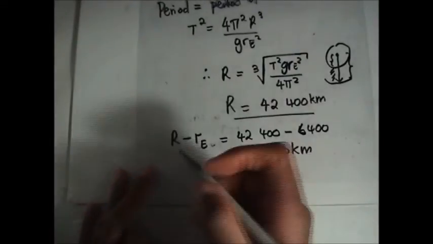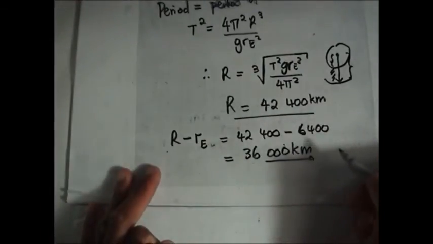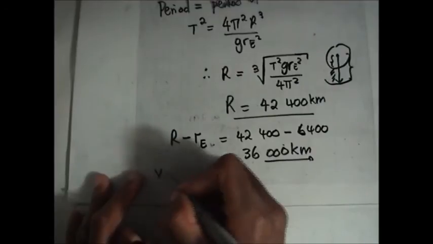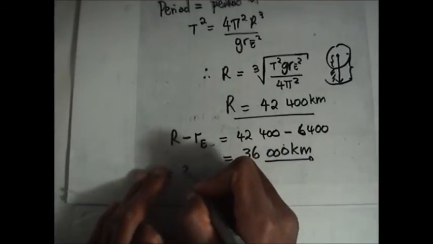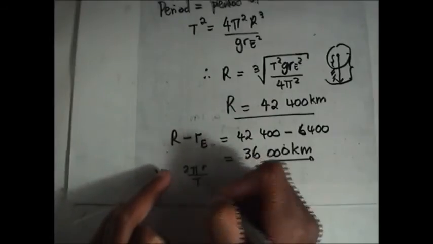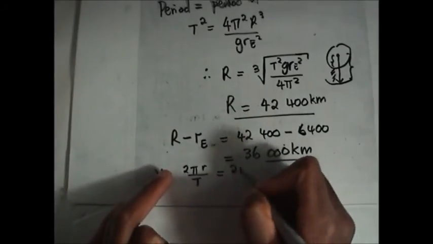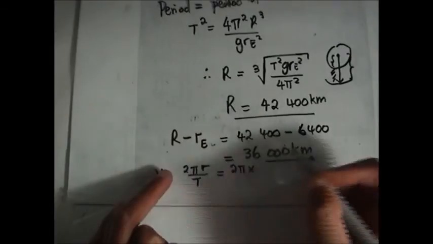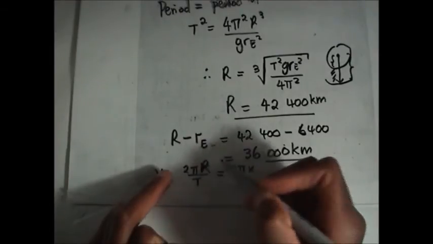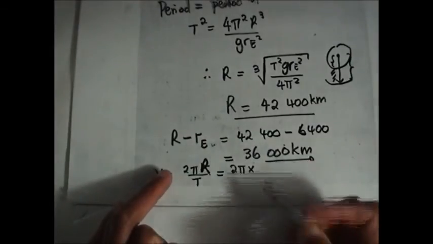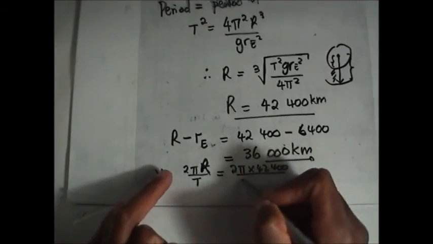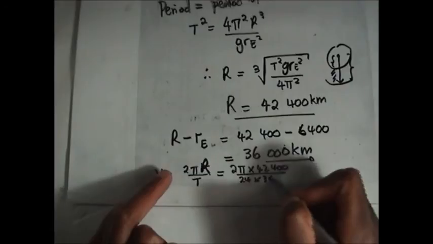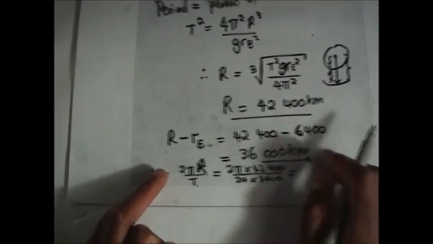So this is the height above the Earth's surface. Also, you can calculate the velocity that they need to travel at in that particular orbit. It's 2 pi R over T. So this one will be equal to 2 pi multiplied by the radius of that orbit, big R, which is 42,400, over 24 times 3,600, just to put it in seconds.